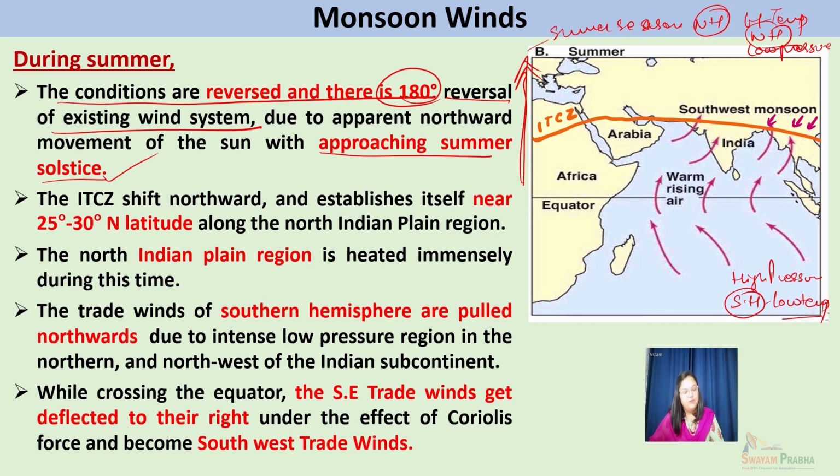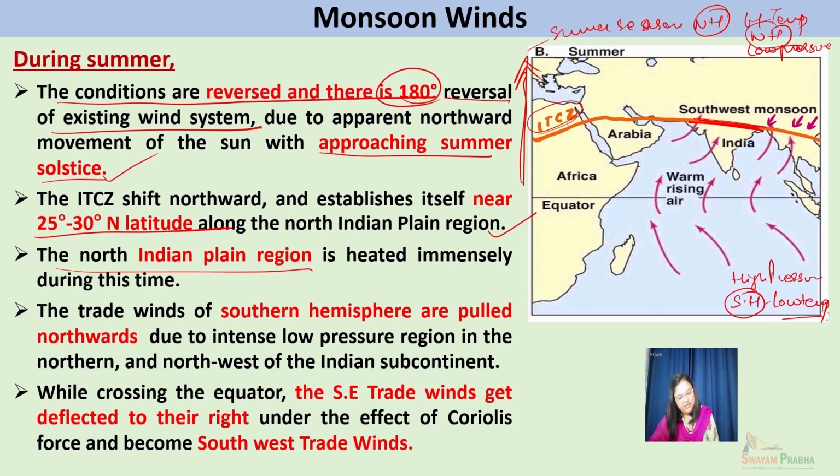So along with all the pressure belts, the ITCZ also shifts northward and establishes itself somewhere around 25 to 30 degrees north in the northern hemisphere. Over the Indian subcontinent, it establishes itself along the North Indian Plain region.